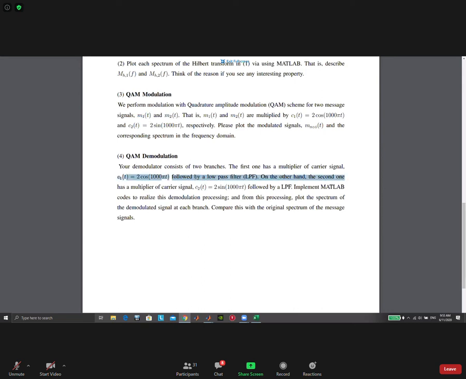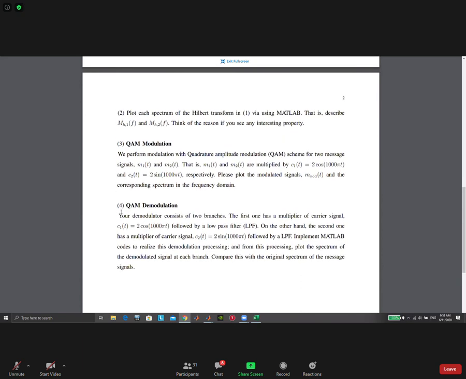But if you determine, and this is up to you, that the filter for M1 can also be used for filtering M2, then you can just use one filter. It's up to you, whatever you feel comfortable with. All right. Same thing from here. Any questions before I show you a little bit more about quadrature modulation?